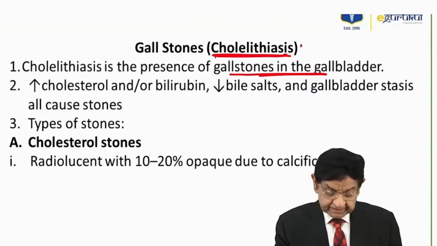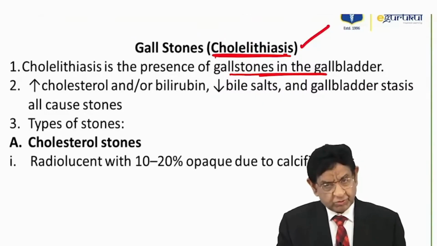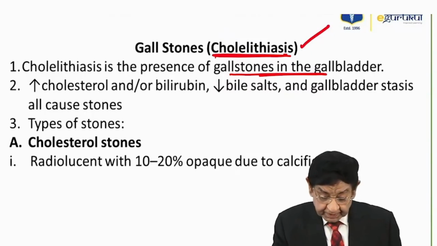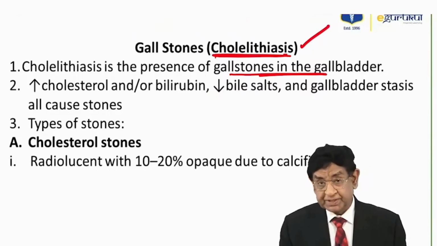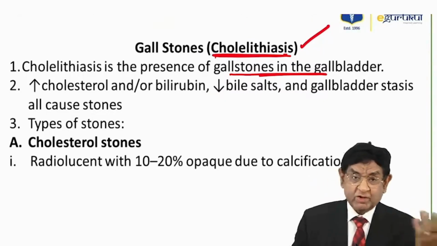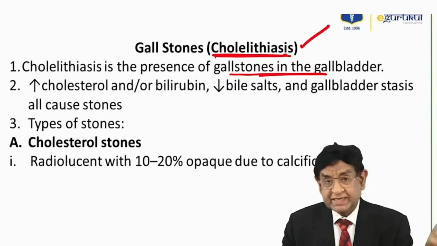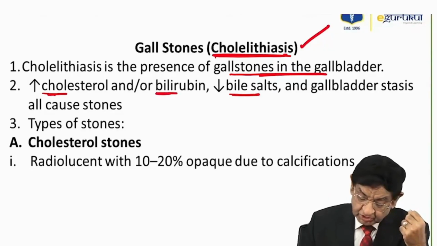In fact, this point has been covered in this particular topic, gallstone cholelithiasis. Now what are the important things which can lead to formation? Again recall, what was there in the bile? We had cholesterol, we had bilirubin, we had bile salt.